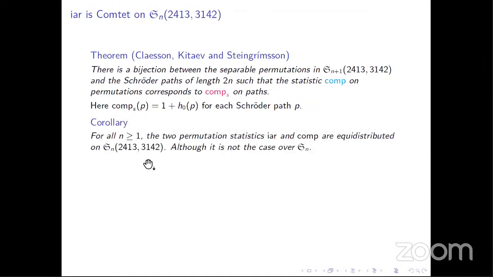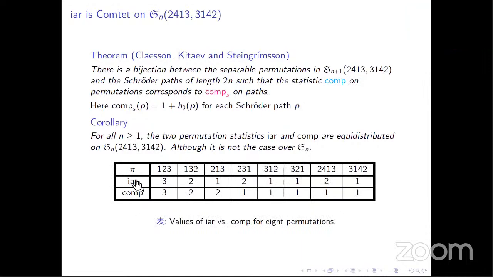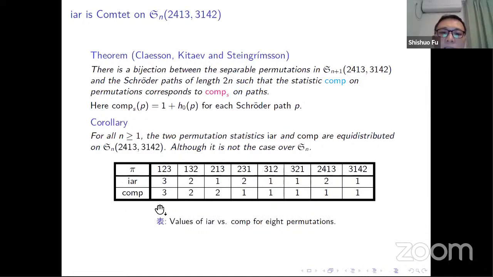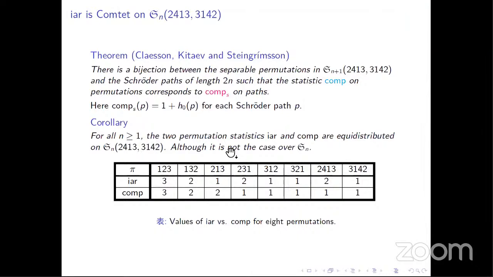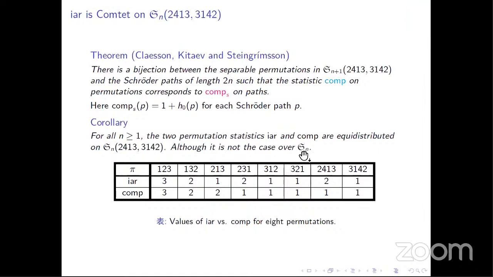So combining Claesson, Kitaev, Steingrímsson's results with our result, we get a corollary that the IAR statistic and the component statistic have the same distribution on the set of separable permutations. One thing to notice is they are not equidistributed over the whole symmetric group, over all permutations.